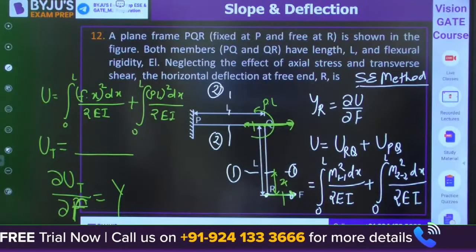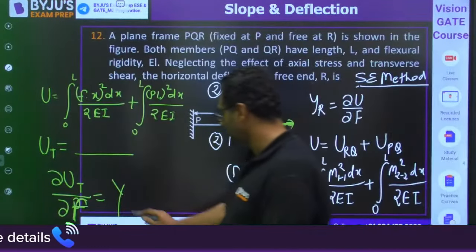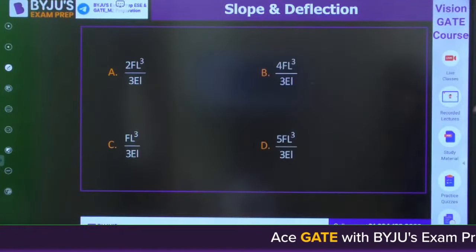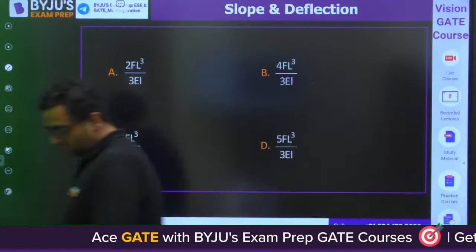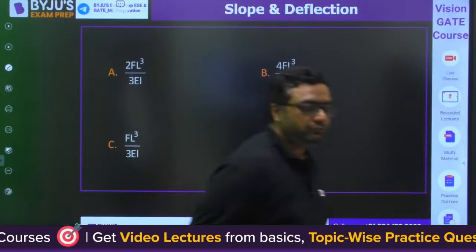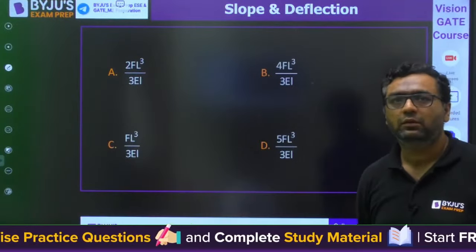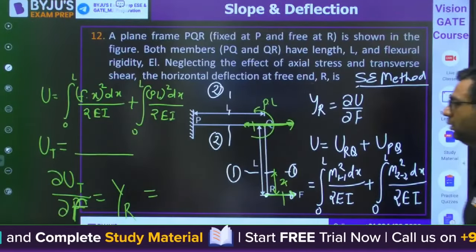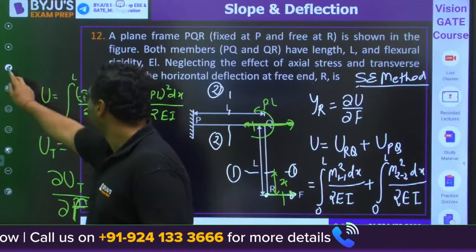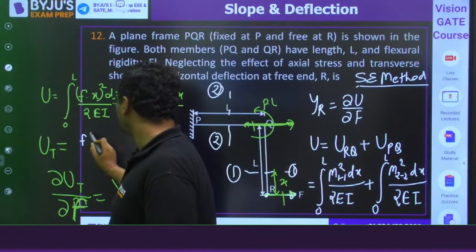These are the options. So it will be F square X cube by 3.